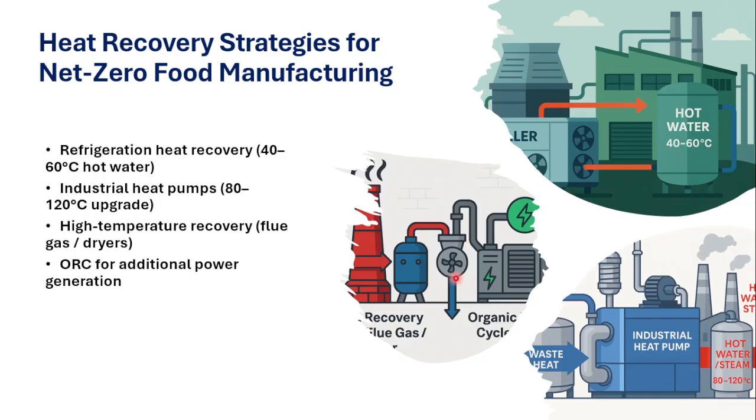This helps improve overall efficiency and supports net zero goals. The main idea is to use the energy step by step, matching the heat temperature to the right process to reduce energy waste and improve efficiency.